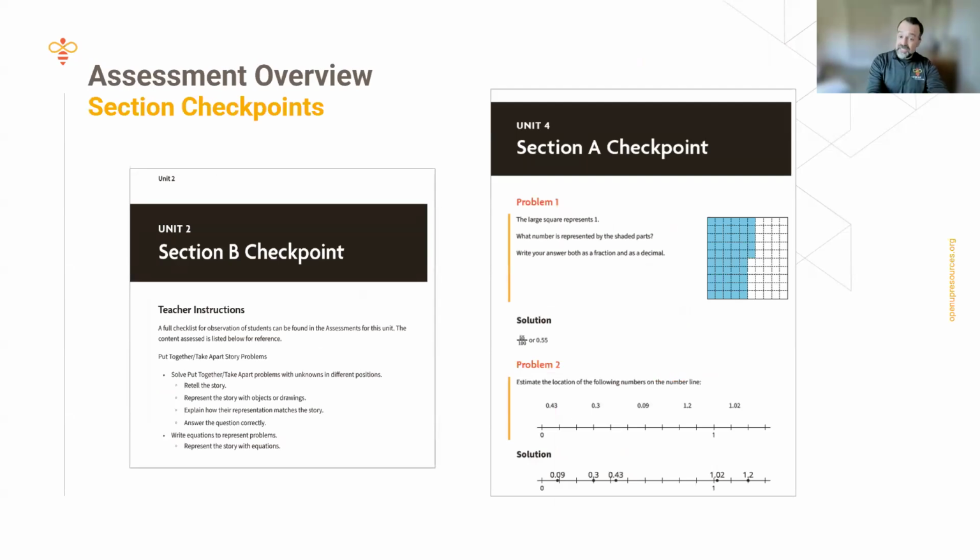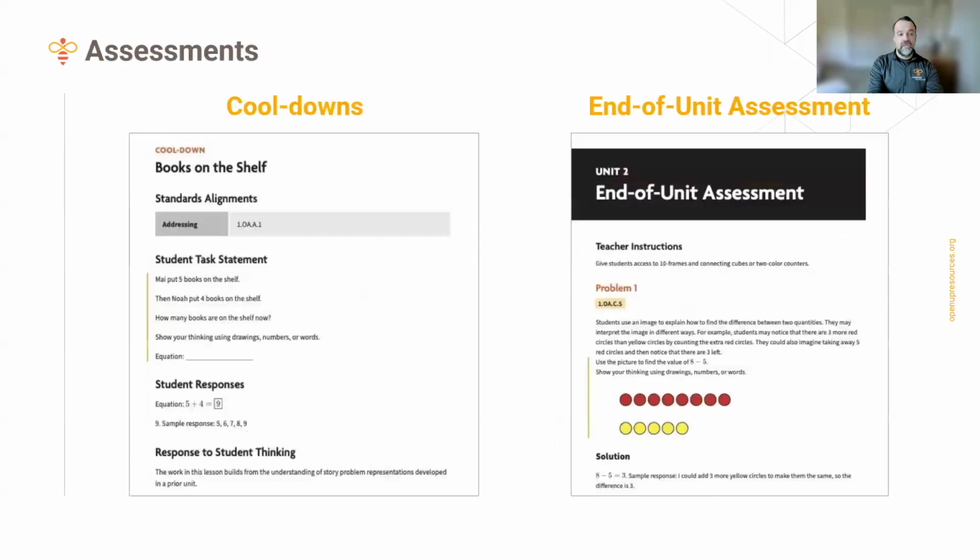I mentioned there are going to be section checkpoints. These are going to be moments either halfway through a unit or towards the end of a unit, again just to give you a sense of how things are going. And then there are our end of lesson assessments, what we call cool downs, and then end of unit assessments.